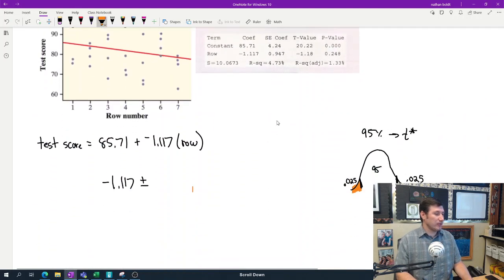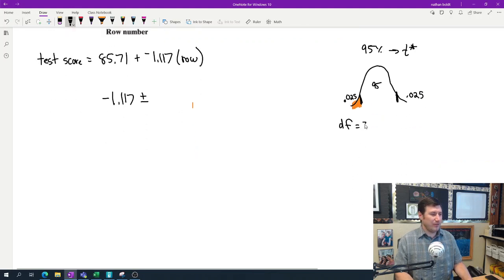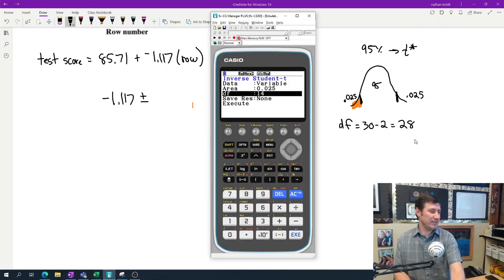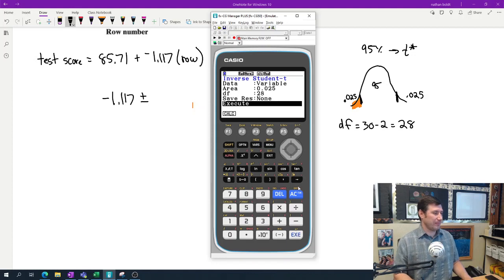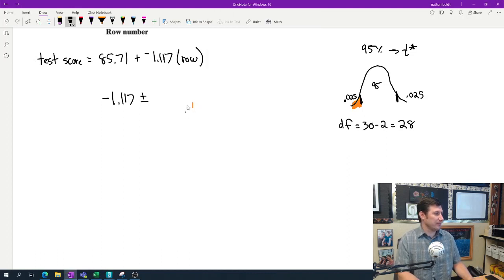All right. So our degrees of freedom will be 30 minus 2, right? 30 minus 2. So 28 degrees of freedom. 2.048 is my T star.